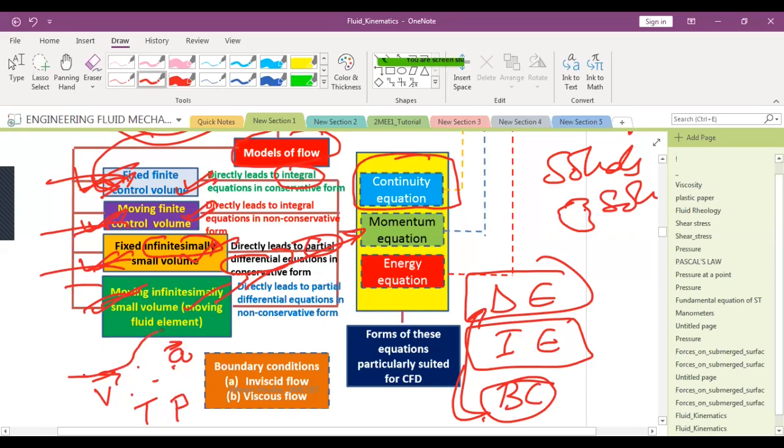And this is what we are finally interested in. So these are also called primary variables of the flow field.